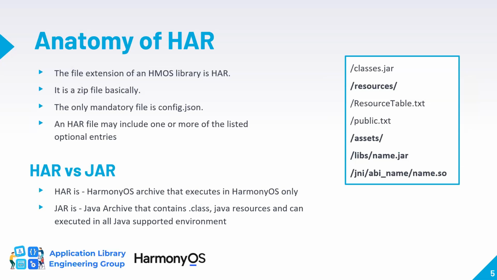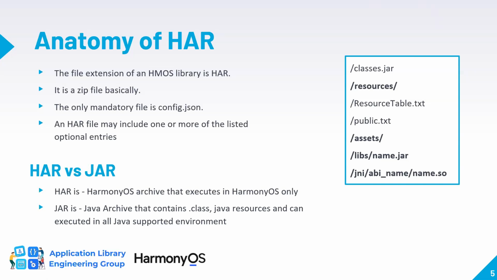It can have resources, assets, and maybe some third-party libraries and dependencies. So whenever we compile, it converts into an HAR file, which is basically a zip file. The only mandatory file in an HAR file is config.json. Others may or may not be there.